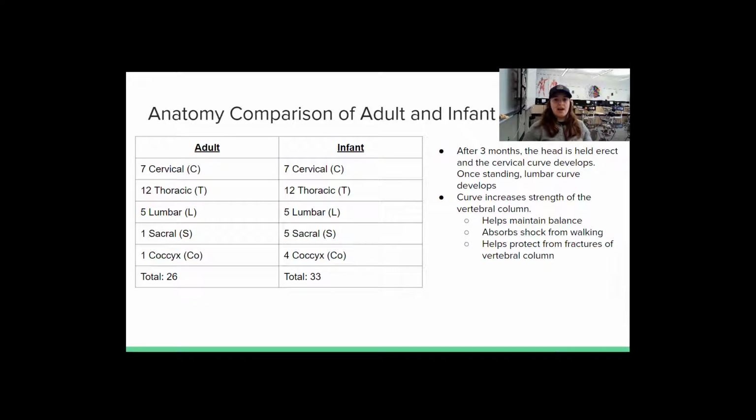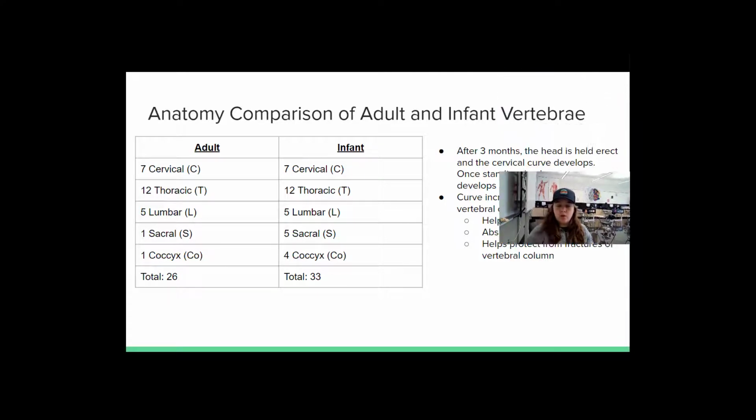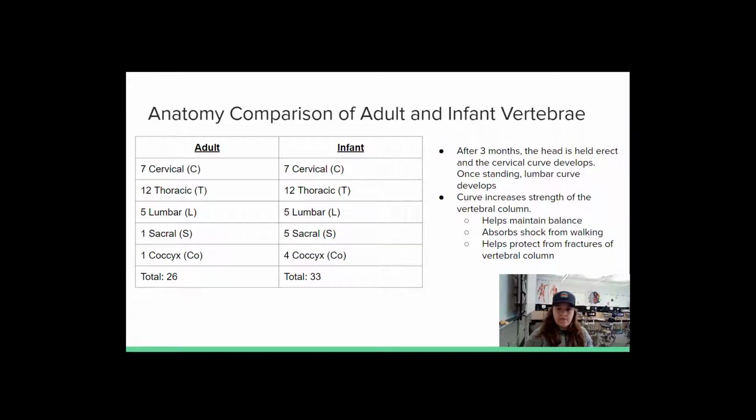Alright, so let's look at a subtle difference between the anatomy of an adult and an infant in terms of their vertebral column. So adults and infants have 7, 12, and 5, 7 cervical, 12 thoracic, and 5 lumbar vertebrae, but their sacrum and coccyx amounts differ.